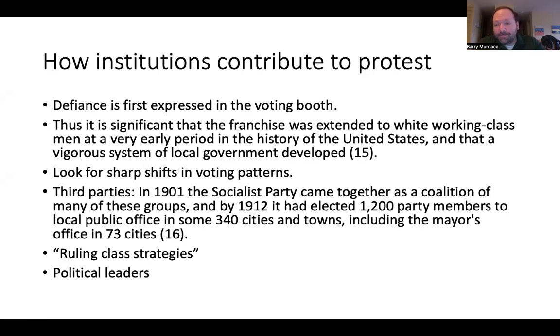Now, obviously, their ability to capture office at a national level is quite limited, basically non-existent. But it does at least say that third parties can play an important role, influencing things and even winning office at a local level. I would also add to that that third parties have historically played a role in pressuring at least one of the two major parties to shift on certain areas.